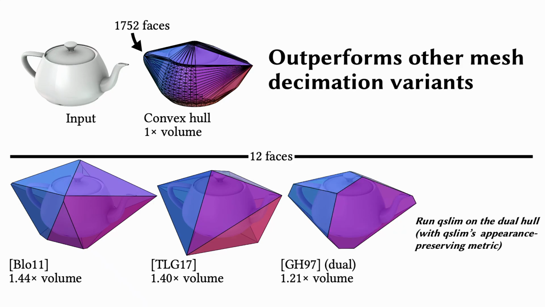This scared me during the paper because this turned out to work a lot better than I thought it would. This is just: make your dual hull, the exact full dual hull, and just run QSlim there. Don't worry about volume change or anything. Just use their appearance minimizing metric, and then convert it back to the primal space afterward.